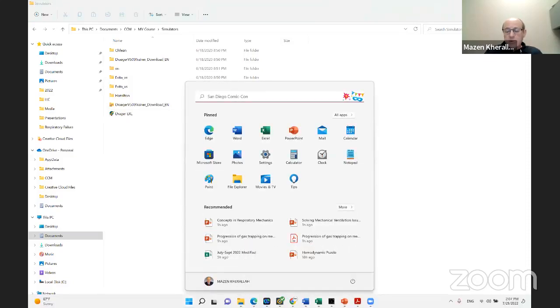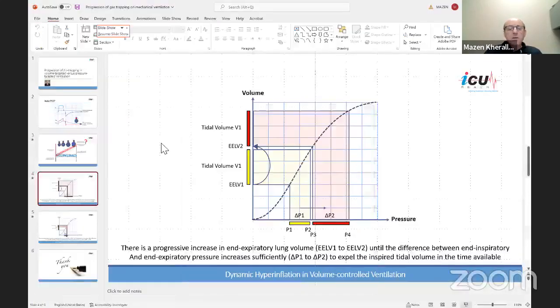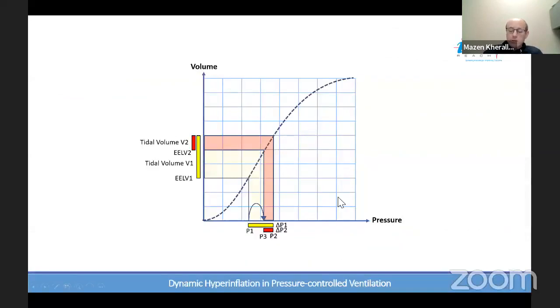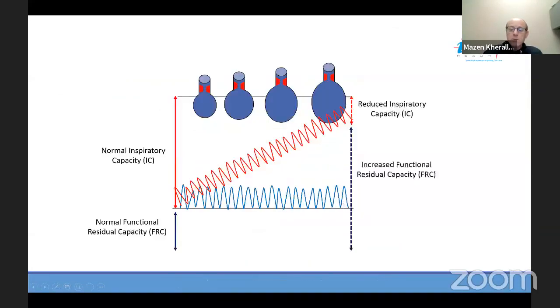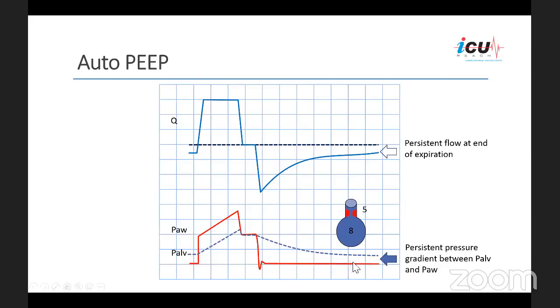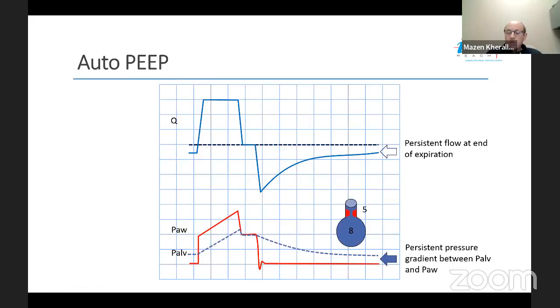It's very important to understand the difference. What you measure on the ventilator is the airway pressure. So this is the airway pressure. Now when you put the volume with the pressure, you're measuring the red pressure.